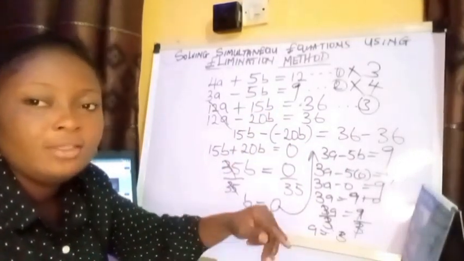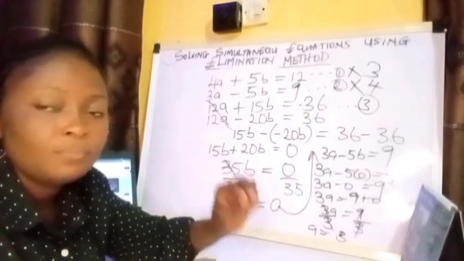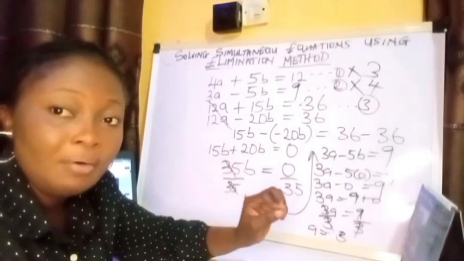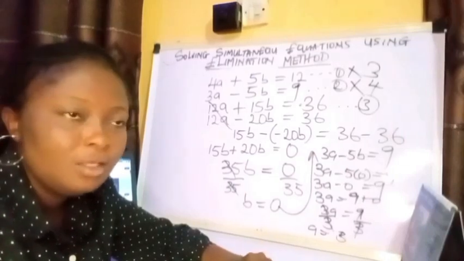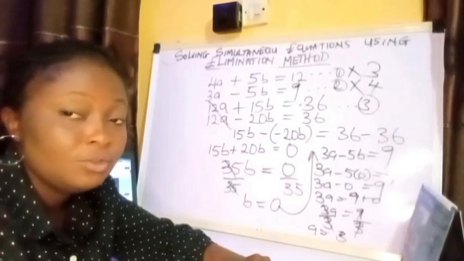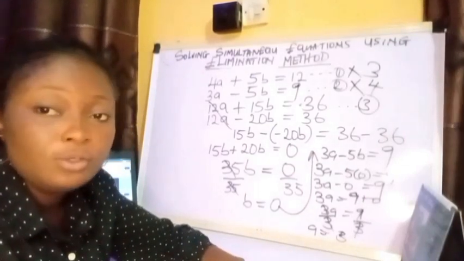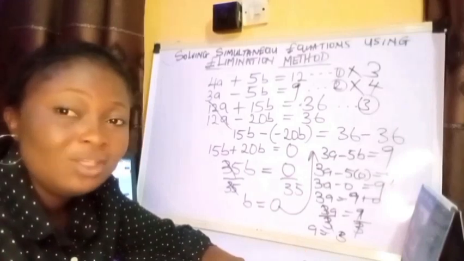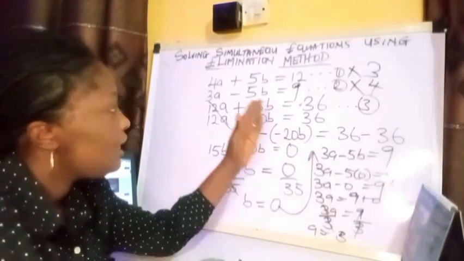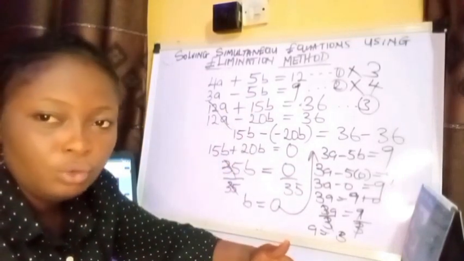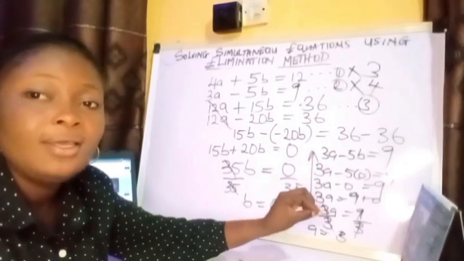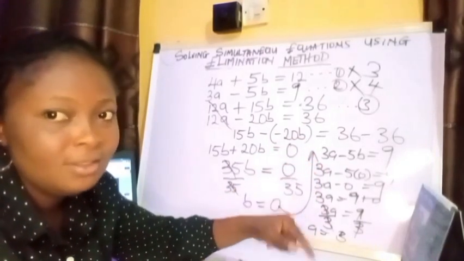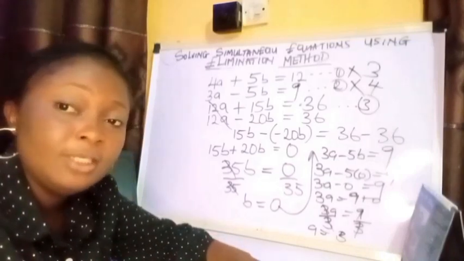Now, before I end this video, let me quickly summarize the points that I mentioned when I was explaining the elimination method of solving simultaneous equations. The elimination method simply involves eliminating one of the unknowns in order to get one, then using the value you got for that one to get the value of the one you eliminated.